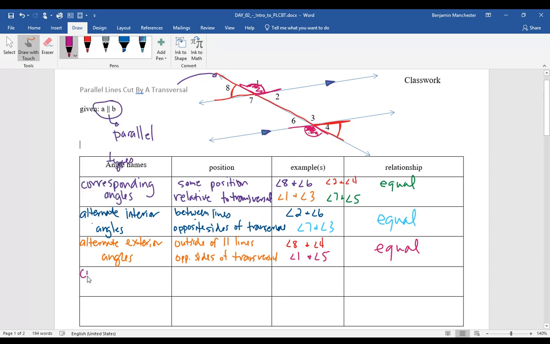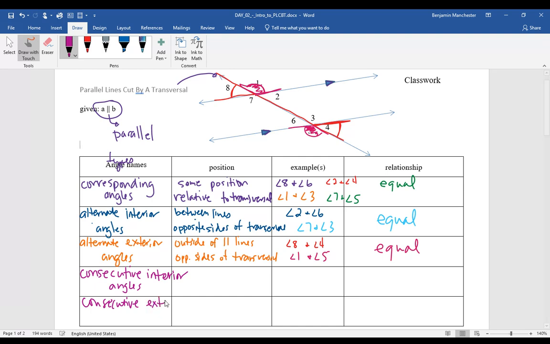Okay, and they are a part of the consecutive angles. So consecutive interior and consecutive exterior. So consecutive means, right, the direct one following, right, consecutive numbers, 1, 2, 3, 4.